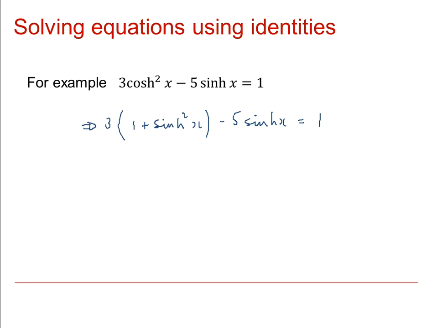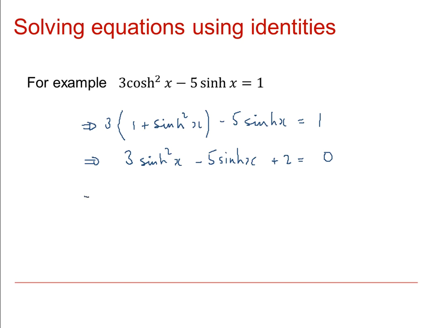And therefore rearranging that gives us a quadratic in sinh: 3 sinh squared x minus 5 sinh x, and then we've got plus 3 on one side, and then we're going to subtract 1, so we get then plus 2 is equal to 0.